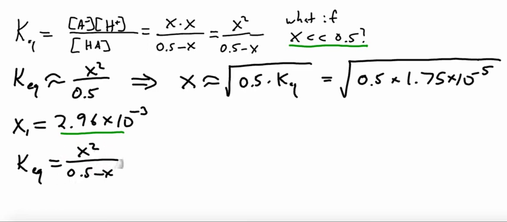And to avoid using the quadratic formula, I'll just plug in my x1 down here, since this is a number we've already calculated in the first iteration. And then we can solve for x2. So we just multiply both sides by this, and then take the square root.